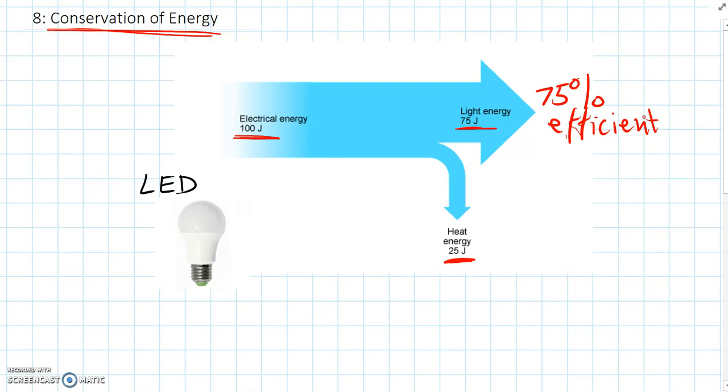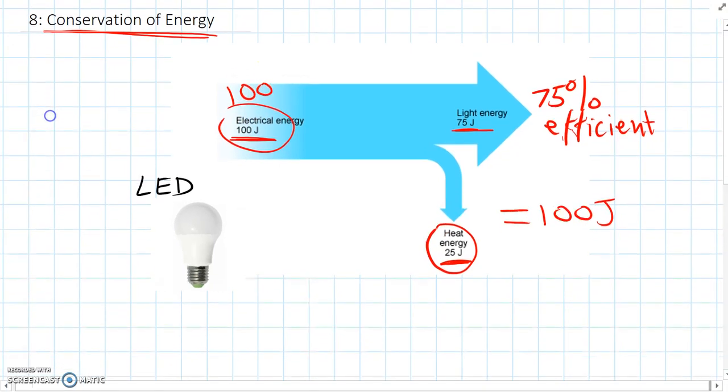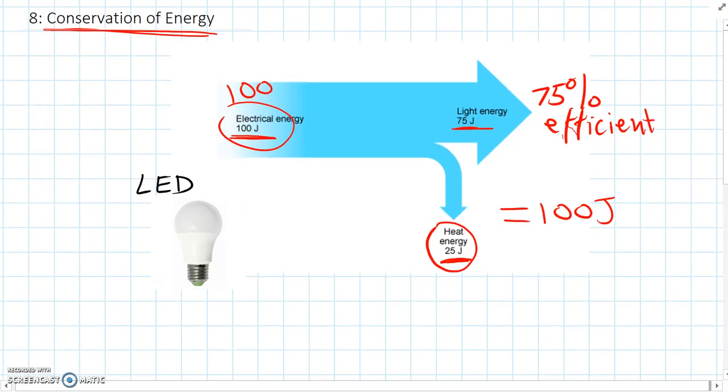But you might also have noticed that if 75% was converted to light, 25% was wasted as heat. Whatever energy went out, and in this case it equaled 100 joules, it always has to equal the energy that went in. 100. And this is called the conservation of energy.